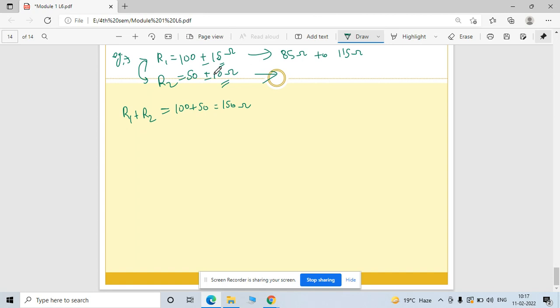And similarly for R2, the range is 40 ohm to 60 ohm. Last time, for the one who had this doubt, I told them that when you take the reading and take the observation, you get such a condition. In that condition you always add the absolute error while addition and subtraction.